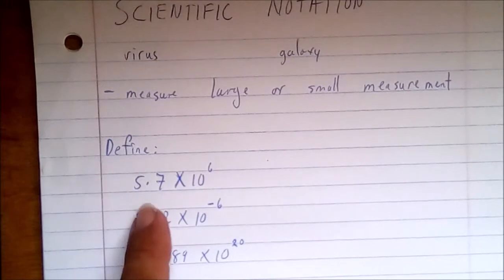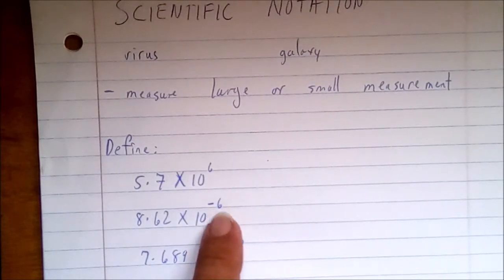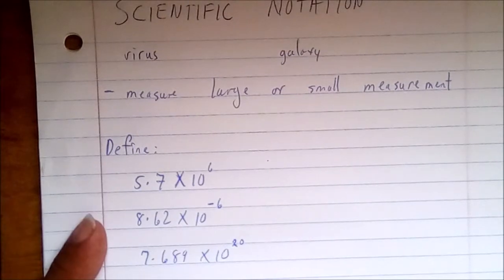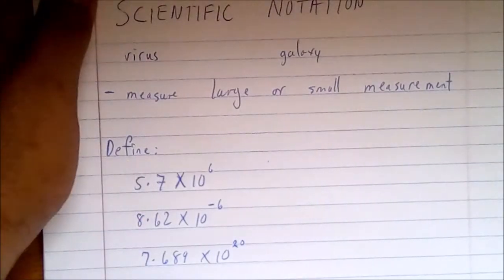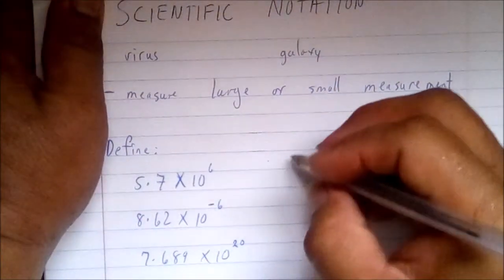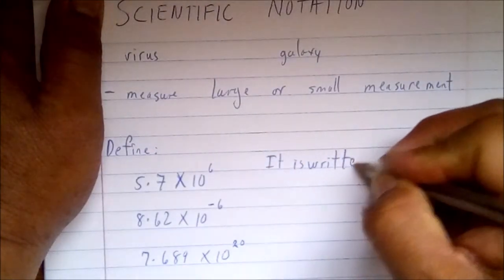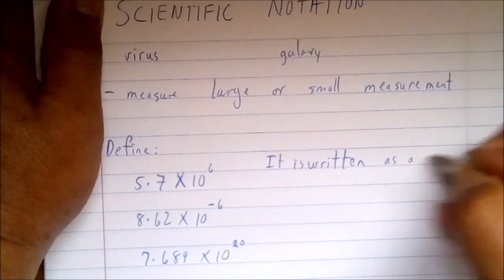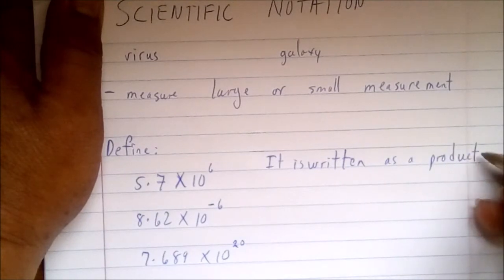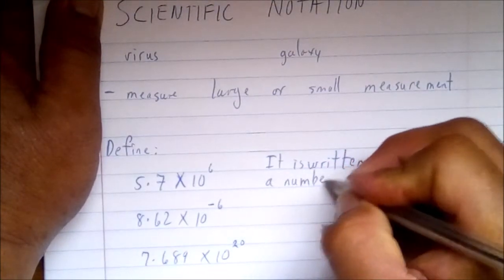Well, notice that we have numbers here with decimals. We have a base to a power, but this power is negative. Nothing is wrong with that. So the way we're going to define scientific notation, by definition, we can say it is written as a product of a number. Which number?